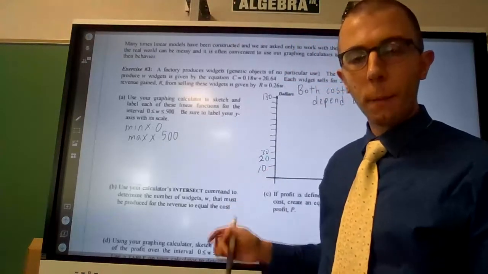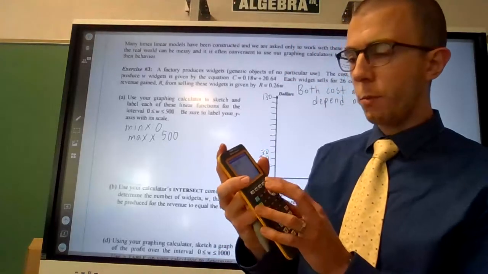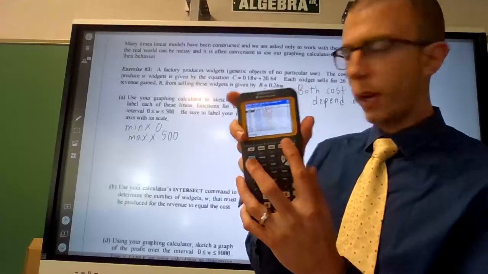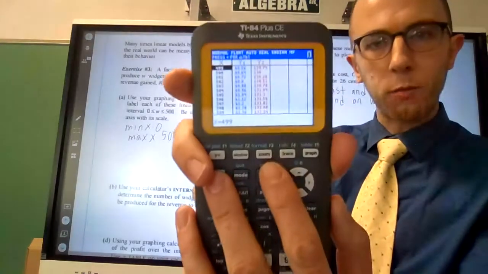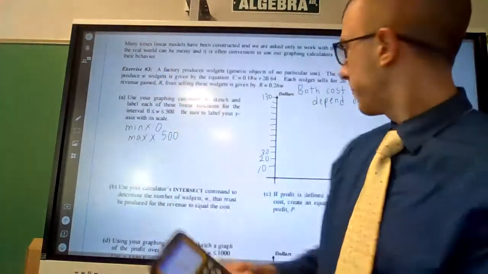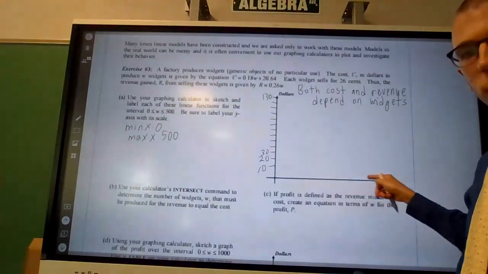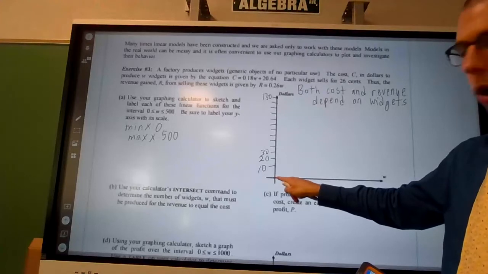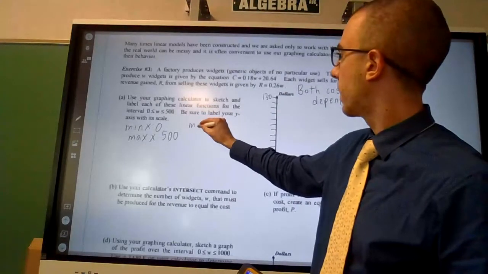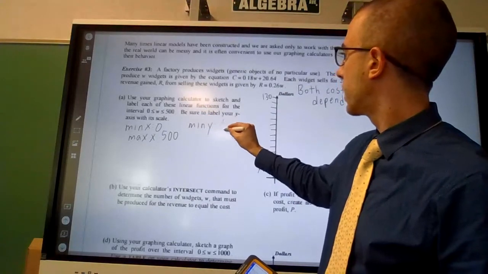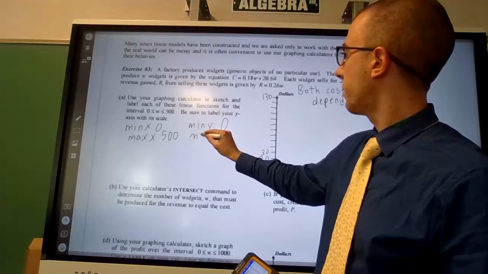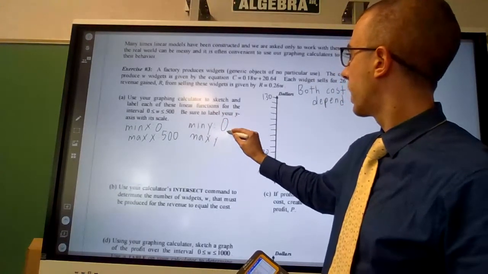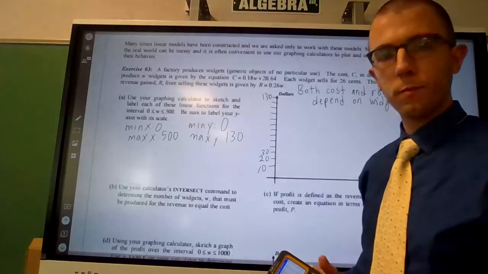Okay, and now based on what I saw from my table, and when we looked here to get that maximum function value of 130, and based on how this window is given to us, I know my minimum Y value is also going to be 0, but my maximum Y value is that 130.